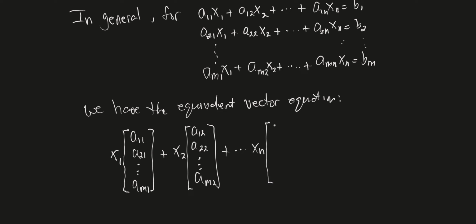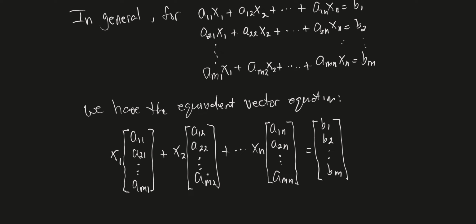What are we left with? a1n, a2n, dot dot dot, amn. And then keep our equal sign, and then make another vector with our constants on the right. So b1, b2, dot dot dot, bm.